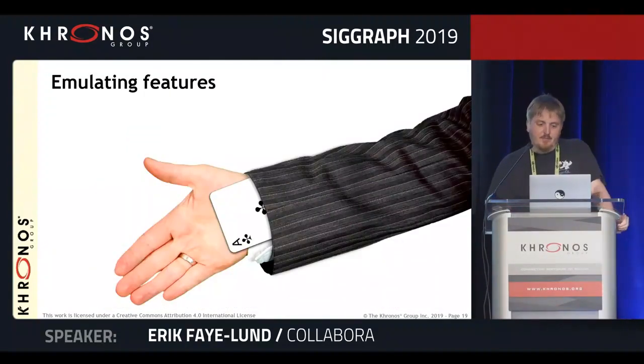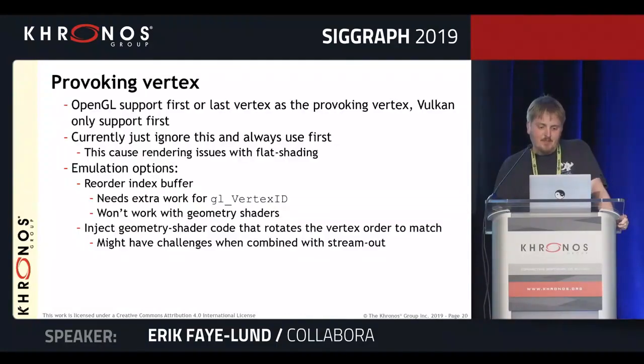So there are some features that need emulation. First thing is the provoking vertex. The problem there is that OpenGL supports either the first or last vertex as the provoking vertex. That is the vertex it will pick flat shaded colors from. Vulkan only supports the first one. We currently just ignore this and use the wrong one.